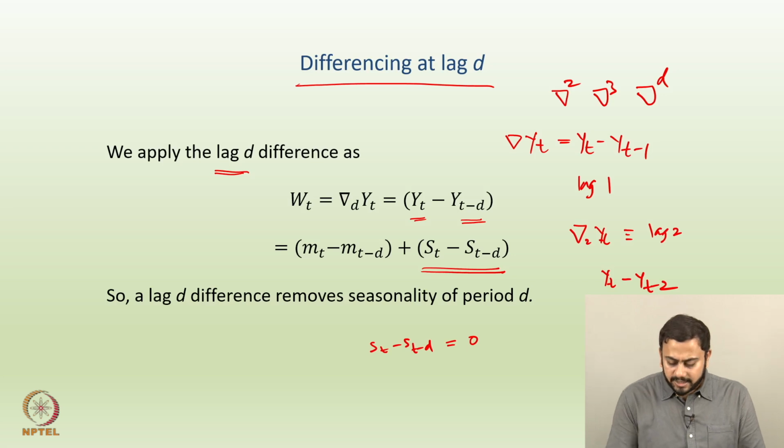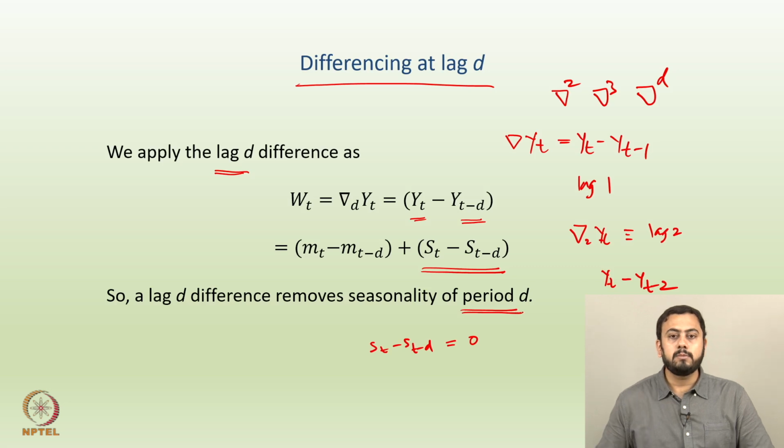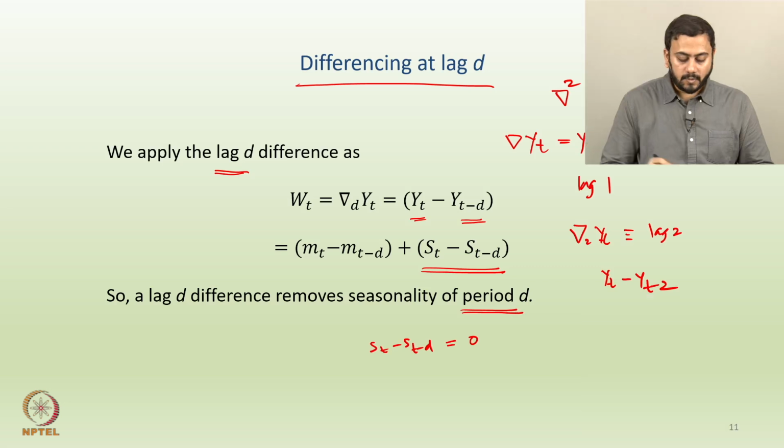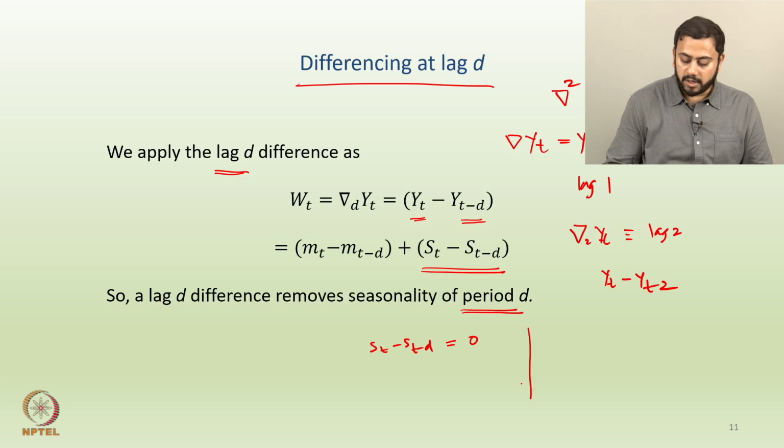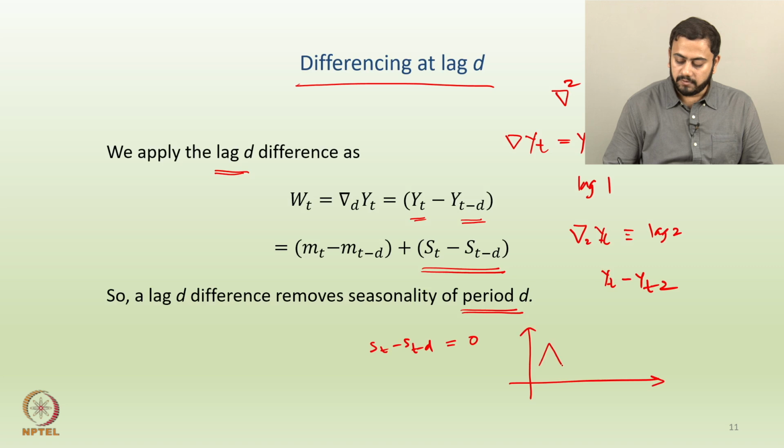Now, what exactly do you mean by this period d? Any seasonal time series comes with some particular repetitions. Let us say temperature data. If you draw the plot of temperatures, it would obviously be seasonal. Let us say all the peaks are summer months, June of a particular year, then June of the next year, and so on.